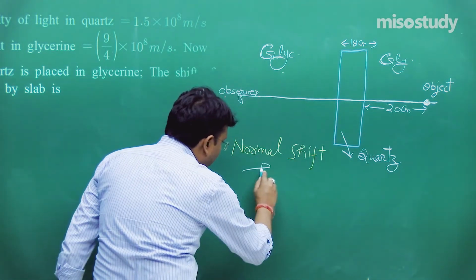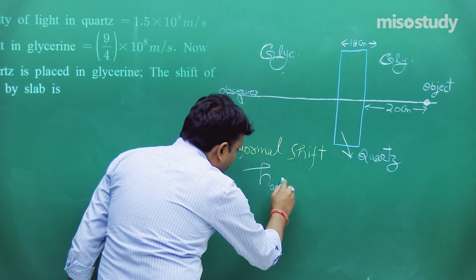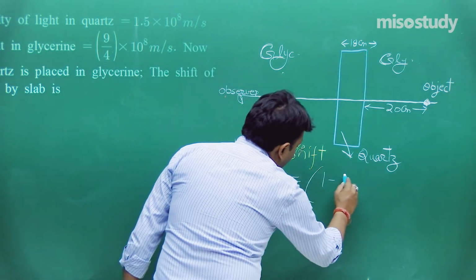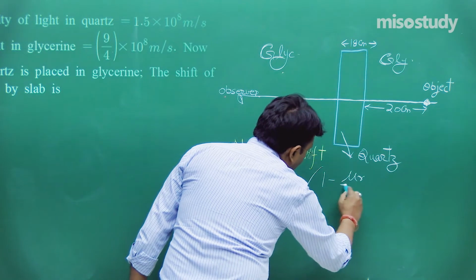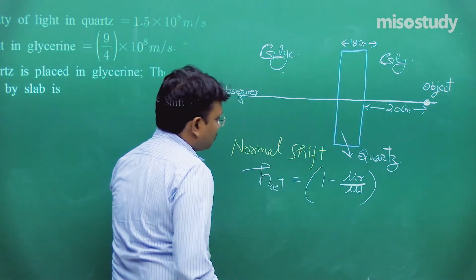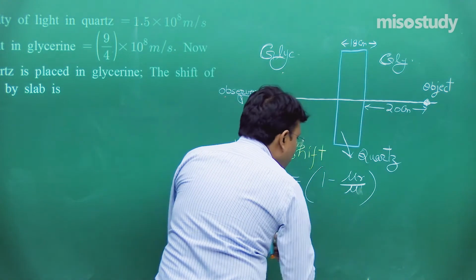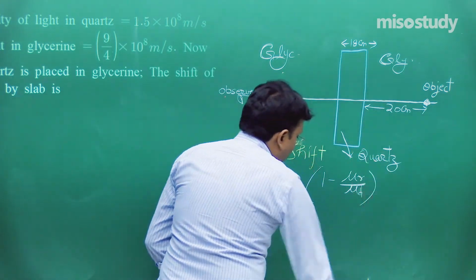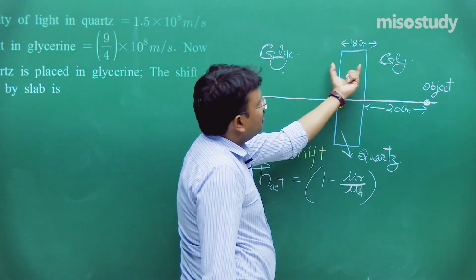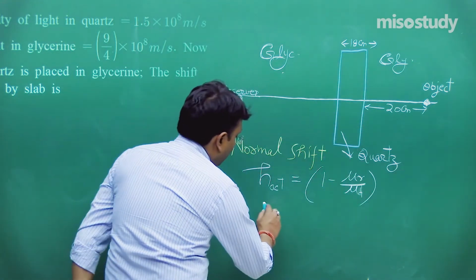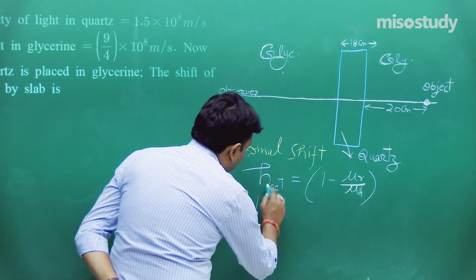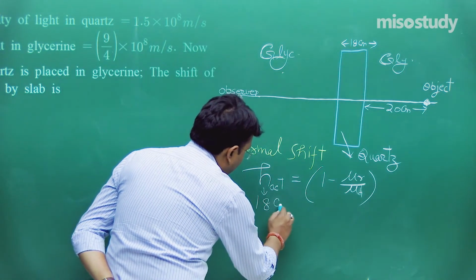Okay, so don't get confused. h actual is equal to (1 minus mu r upon mu this) d. Fine, this is also in suffix, small d. Now from here h actual is how much? 18 centimeter, this value.